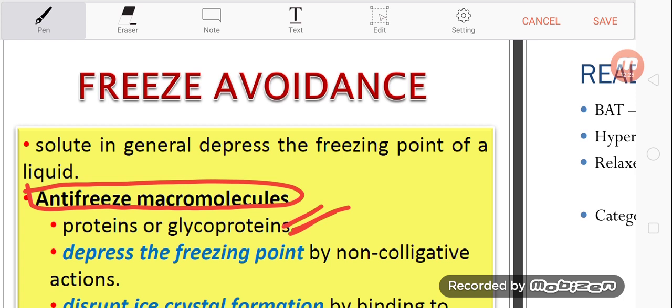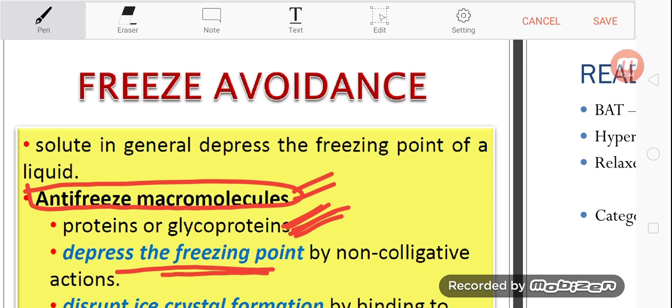Due to the presence of these glycoproteins or antifreeze macromolecules, the freezing point inside the cell or outside the cell, or the tissue, will be much lower.